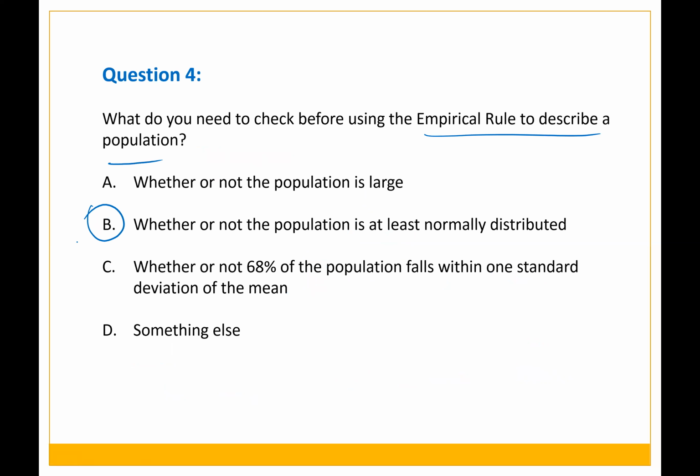Now, someone might argue about C, whether or not 68% of the population falls within one standard deviation of the mean. If you learn later in statistics, you'll see that other populations can have 68% falling within one standard deviation, but the normal distribution has this empirical rule, and it is not the general rule.